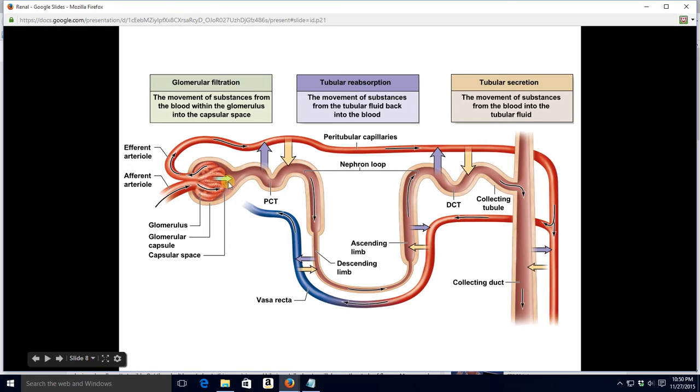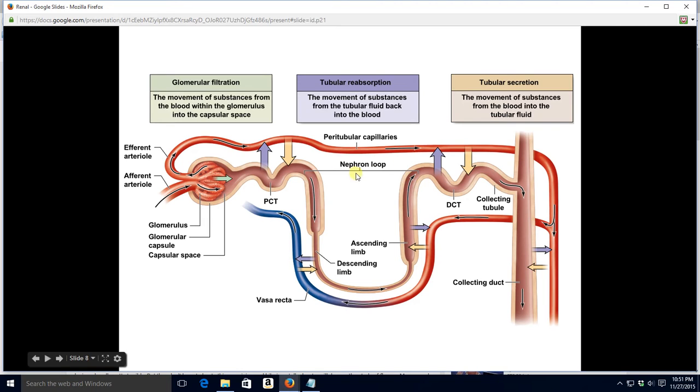And the fluid that results, with all the little small stuff that ends up in the capsular space, is called filtrate. Then that fluid flows through a series of tubes, first through a tube called the proximal convoluted tubule, more on it later, then through a tube called the loop of Henle, which is just a great name, more on it later too.